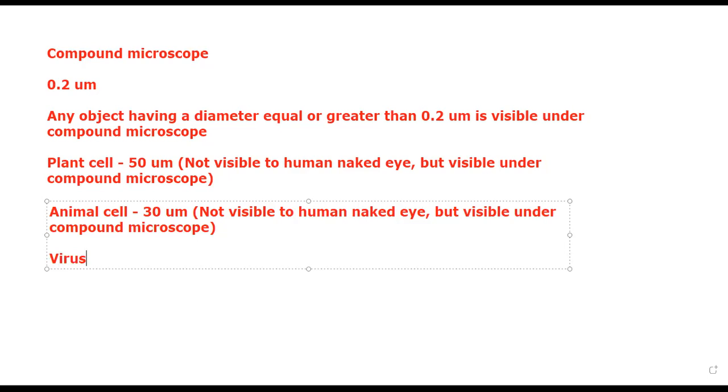The average virus also can differ in size. Average virus size is 0.1 micrometer. So, is it visible under the human naked eye? No. That is agreeable, correct?